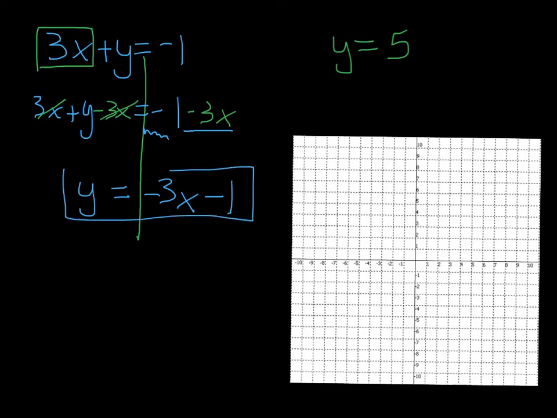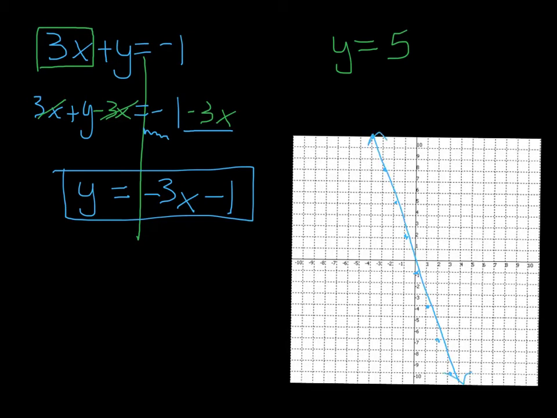Now we can graph this equation that has the y-intercept of negative 1 and the slope negative 3. So it's going to go down 3 over 1, down 3 over 1. So I extended my points in both directions and I can connect my points.